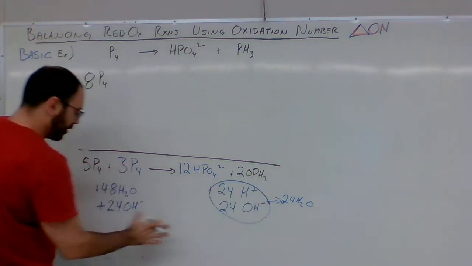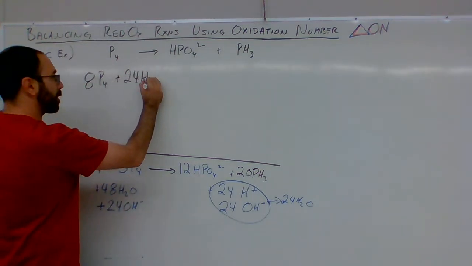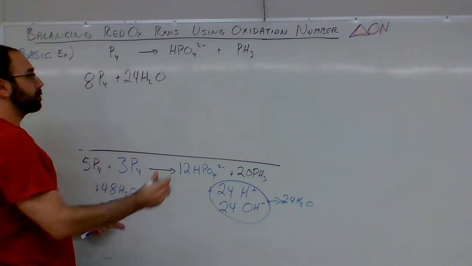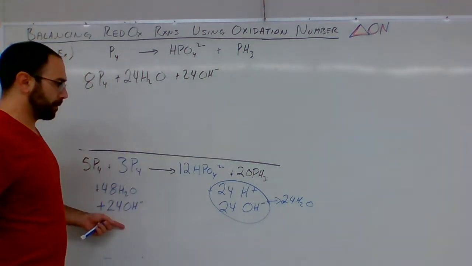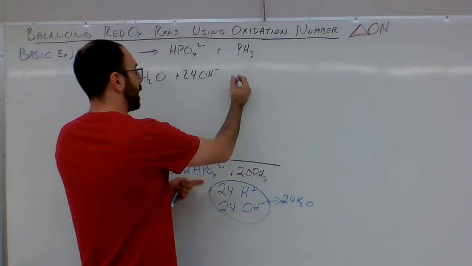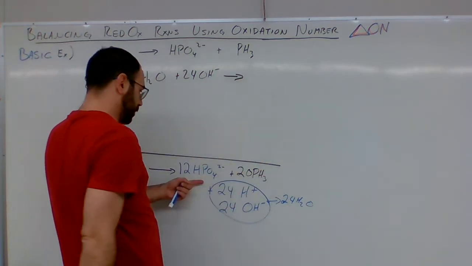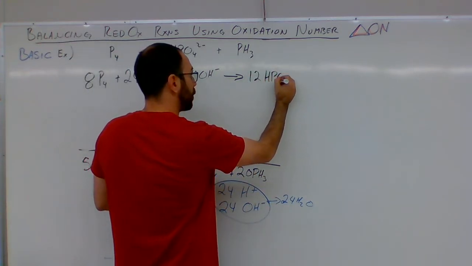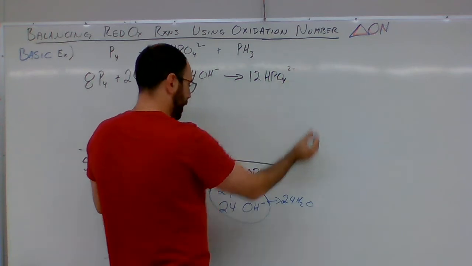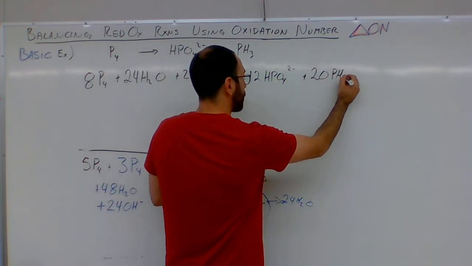I had 24 waters on this side, I had 48 on this side, so I'm going to have 24 H2O on my reactants, plus my 24 OH minus, and then going to my product side, I have 12 HPO4 2 minus, plus 20 PH3.